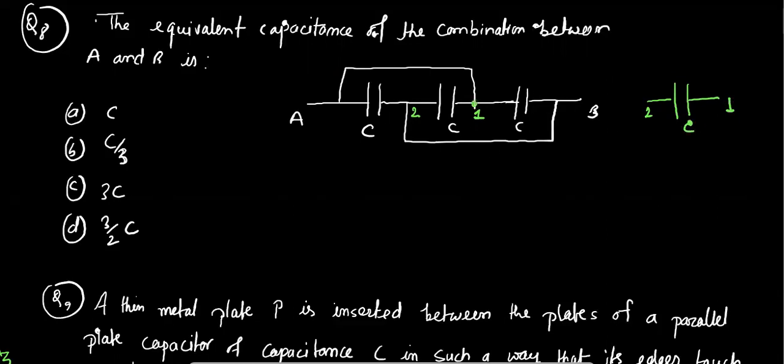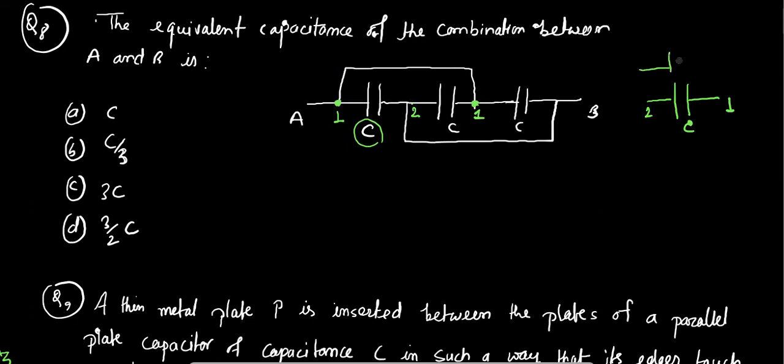As this point is connected with this side, this is once again 1, because in a wire, in ideal condition, we are going to suppose that the potential difference between the wires is 0. So if this point is 1, then this point will be 1, which means that this capacitor also has two ends which are 1 and 2.